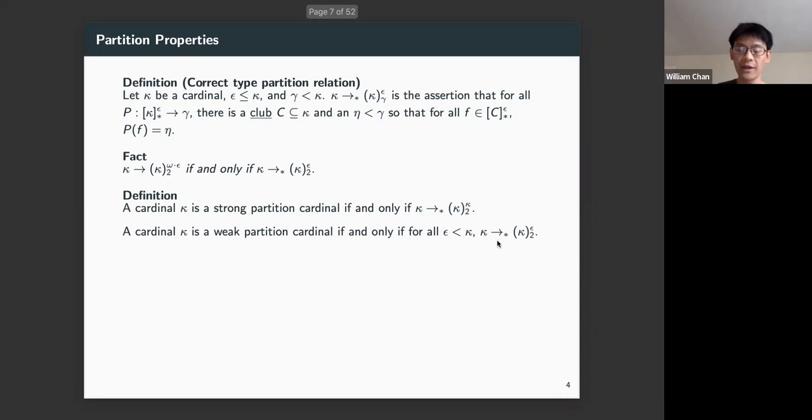And if for every epsilon less than kappa, the exponent epsilon partition relation holds, then we'll call it a weak partition cardinal. So every strong partition cardinal is a weak partition cardinal. And under AD, we have examples of things that are weak partition cardinals, but not strong partition cardinals.